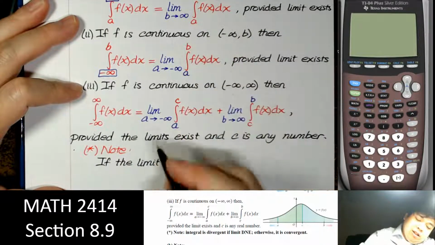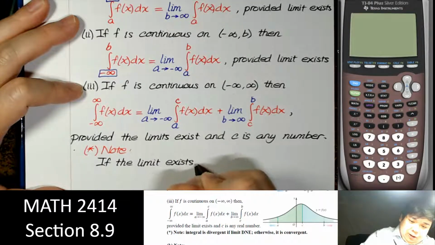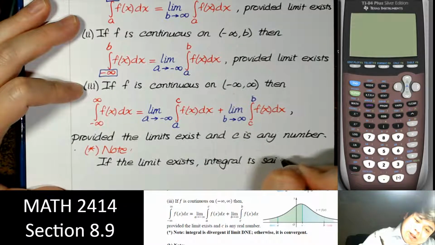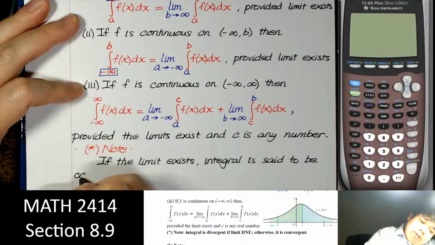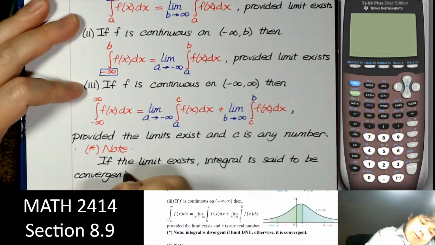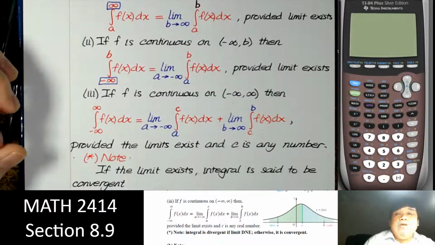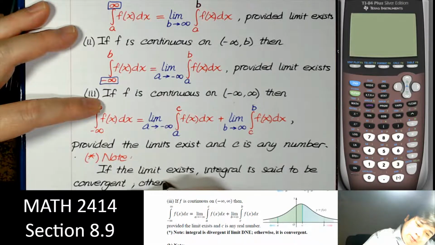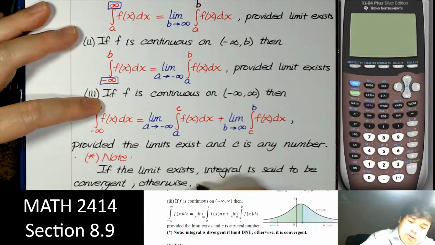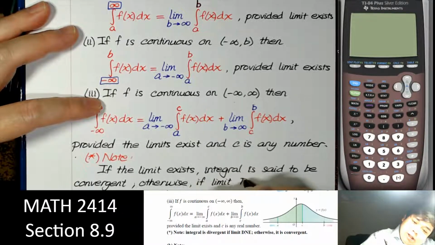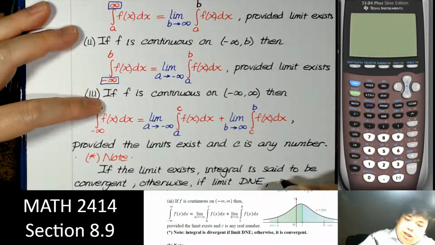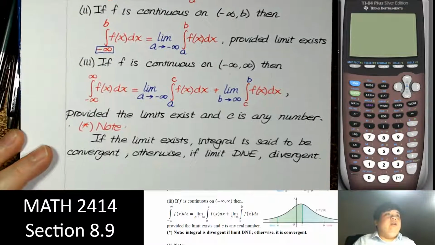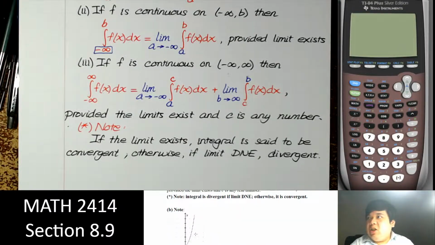If the limit does not exist, it's said to be divergent.